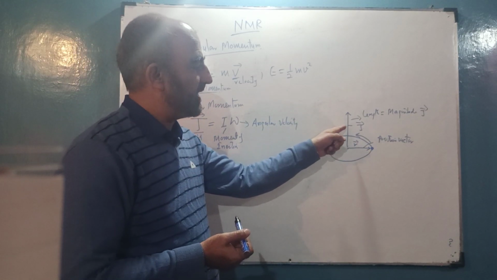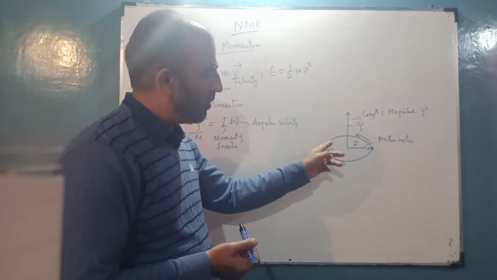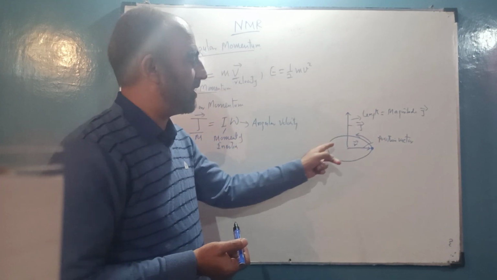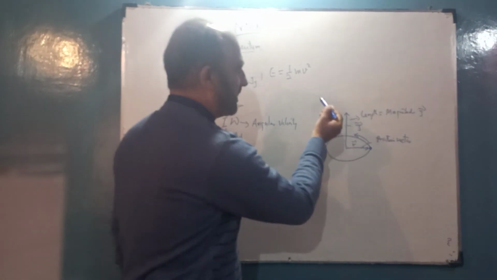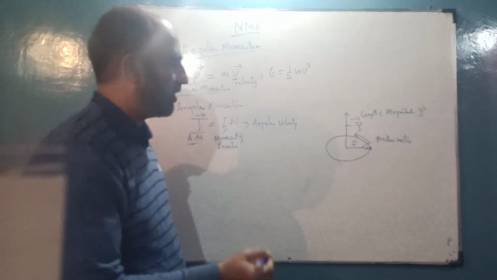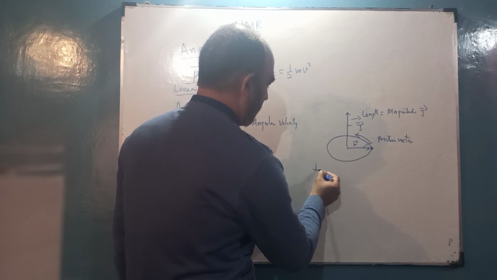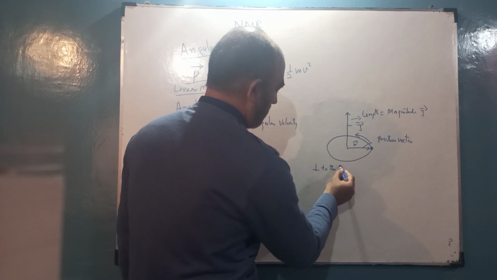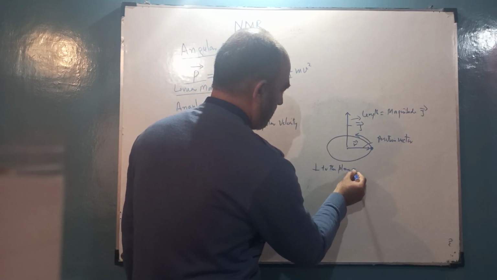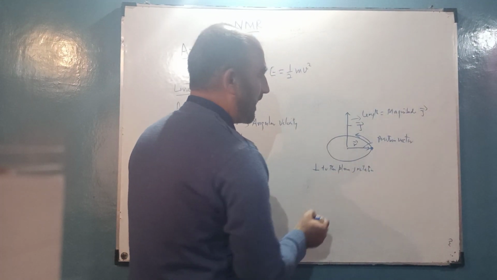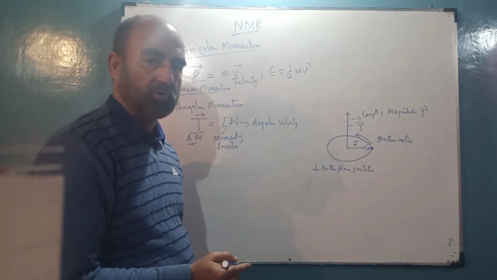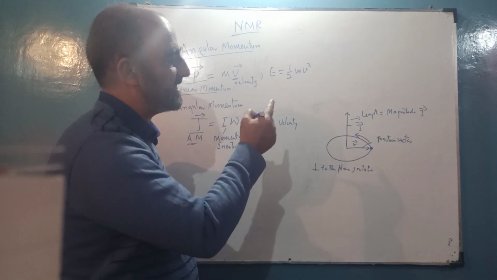The direction of the angular momentum vector is always perpendicular to the plane of rotation. This is the plane of rotation, and the angular momentum is always perpendicular to the plane of rotation, and its direction is coincident with the axis of rotation.